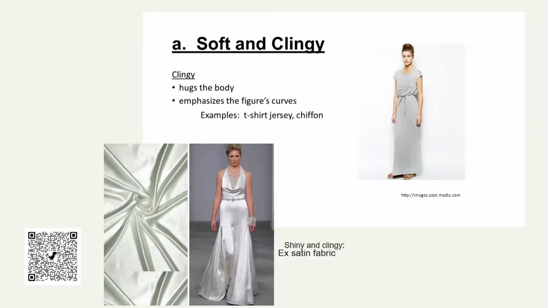Now let's look at the different categories of textures. Here you will notice that different textures will create different illusions on the body of the wearer. The first category is soft and clingy texture.